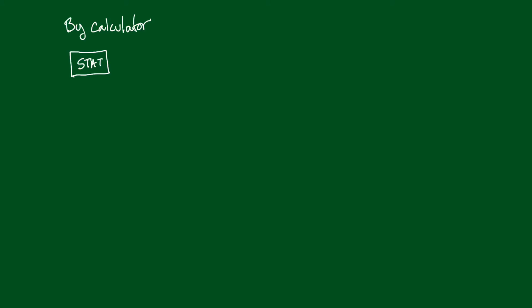Let's do this by calculator. So press the stat key. Then when you hit the stat key, you go over to test, right? So right arrow over to tests. Select tests.